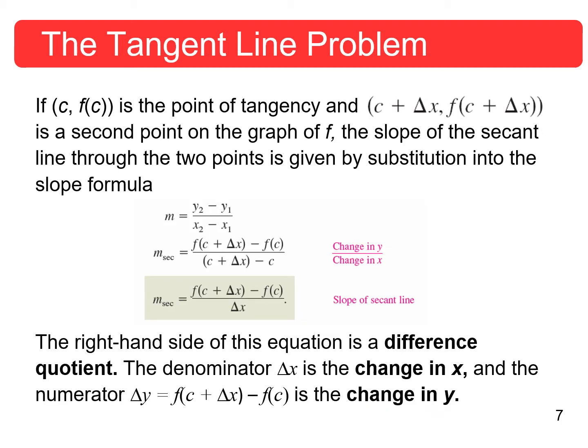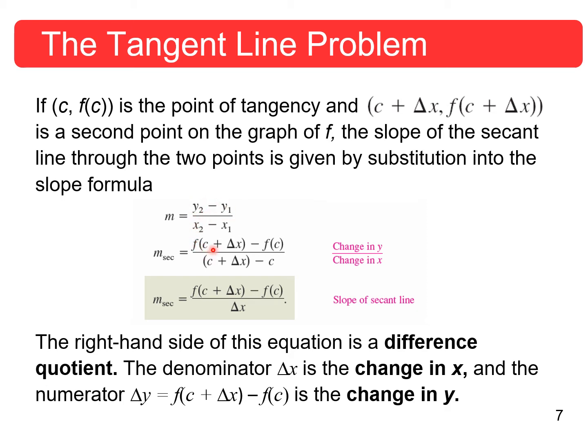So if (c, f of c) is the point of tangency, and (c plus delta x, f of c plus delta x) is a second point on the graph of f, the slope of a secant line through the points is given by this formula here. You just have to substitute into the formula for the slope.